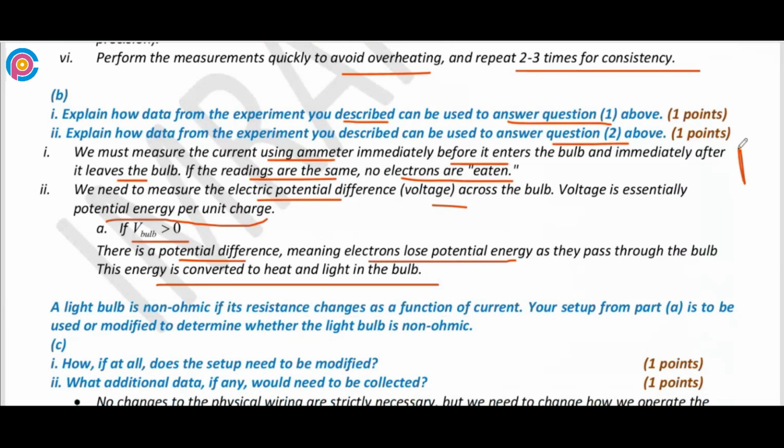If the ammeter readings are the same, then no electron is eaten or lost. If the voltmeter reads greater than 0, that means the bulb is using energy; there is a loss, there is a potential difference.